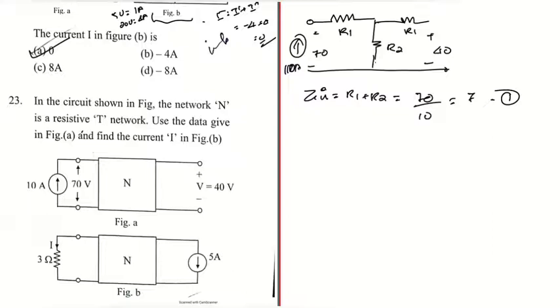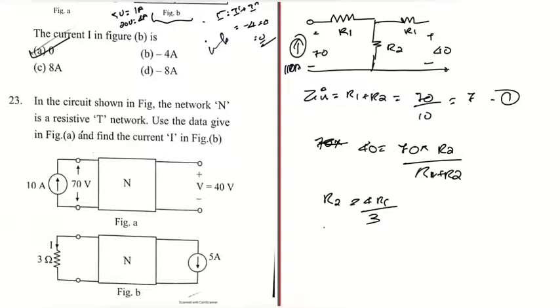And the voltage drop across our R2 is actually plus 40 volt. So applying the voltage division principle, 40 is equal to 70 into R2 divided by R1 plus R2, right? From here I get R2 equal to 4R1 divided by 3.